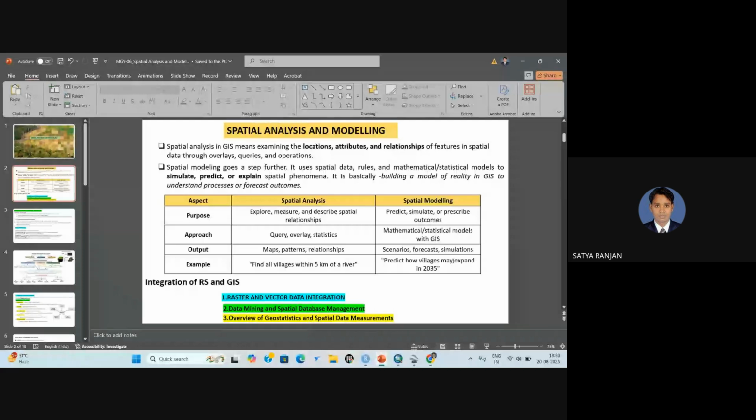For example, DSAS is used for digital shoreline analysis, for shoreline change detection and shoreline forecast. What is the trend of the shoreline change? What is the erosion area? What is the accretion area? And after 30 or 40 years, what is the trend for particular areas? This is a regression model that I used for this analysis.